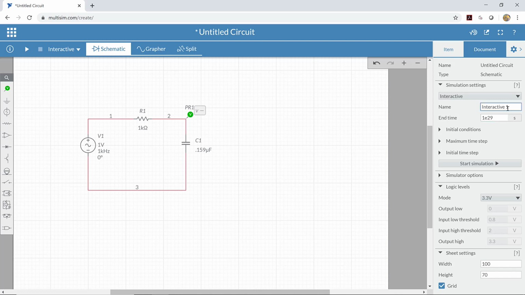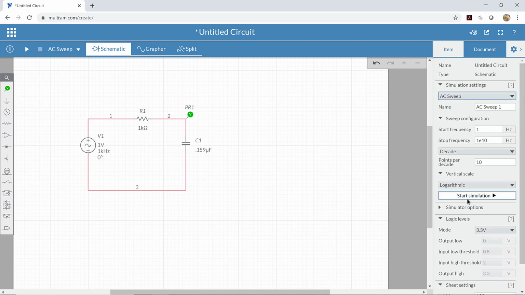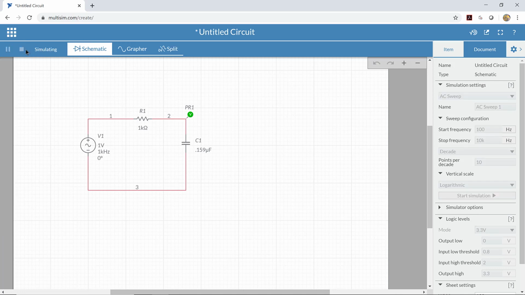Instead of an interactive simulation, I'm going to do an AC sweep from 1 to a whole lot. So I'm hoping that my cutoff frequency is going to be around 1,000 hertz. So I'm going to look at the frequencies between 1/10 of that, or 100 hertz, and 10 times that, or 10,000 hertz, 10 kilohertz. Alright, so we got that set up, so now let's run our AC sweep.